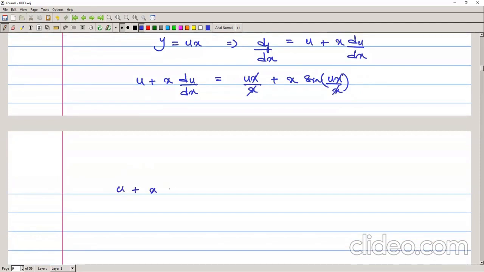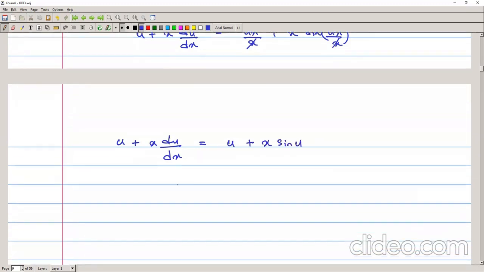So it's u plus x times du over dx is equal to u plus x times sine u. Now this u and u cancel out, and we will be left with x du over dx is equal to x sine u.